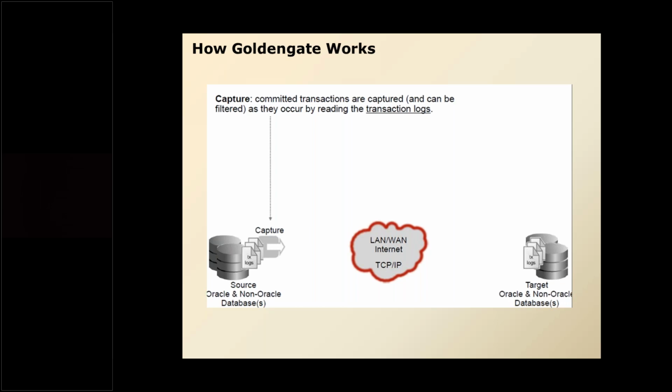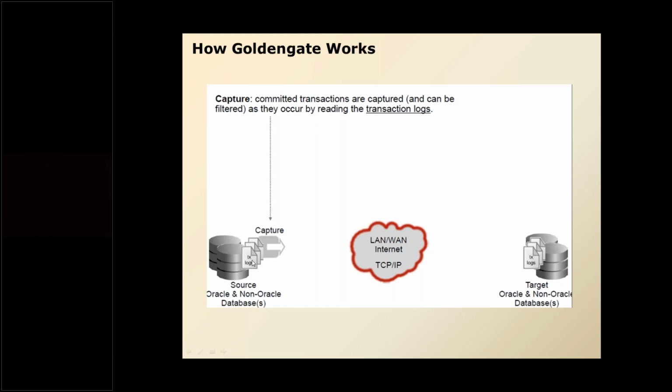Okay, so Goldengate architecture. Goldengate replicates the data from source to target. You have a source database, which is Oracle or any non-Oracle supported database. Similarly, you have a target database, which is Oracle or any non-Oracle supported database. Each database has its own transaction logs.